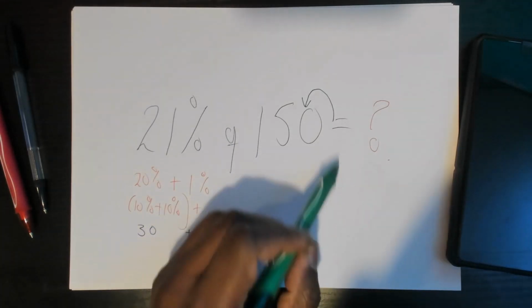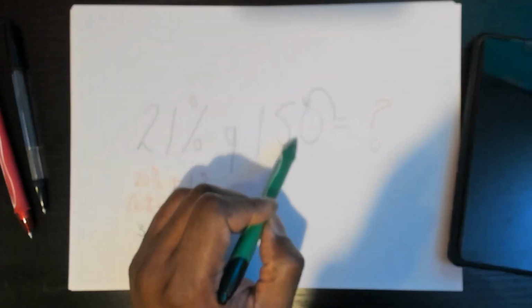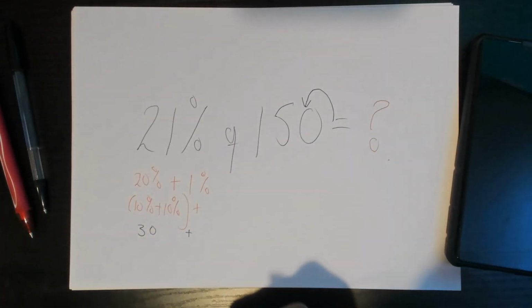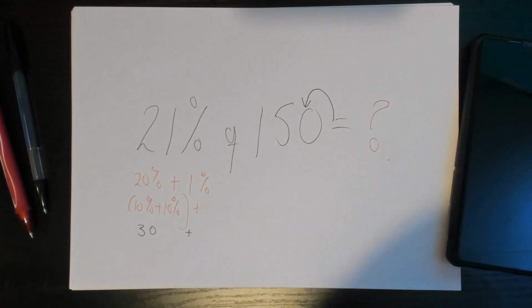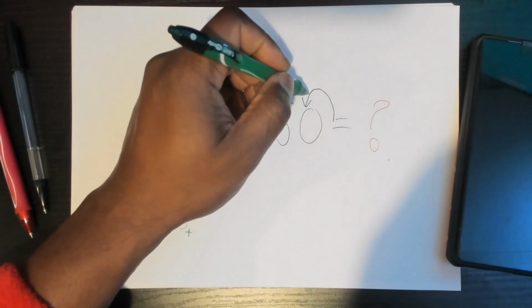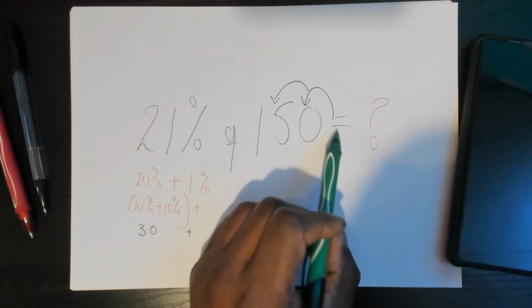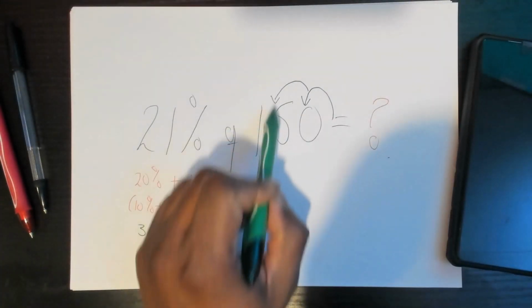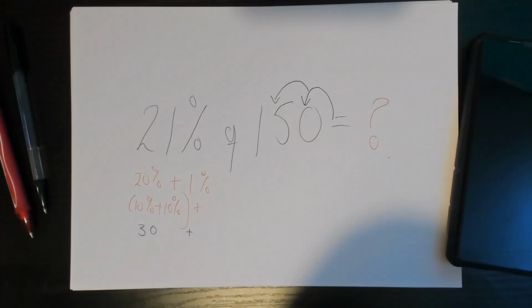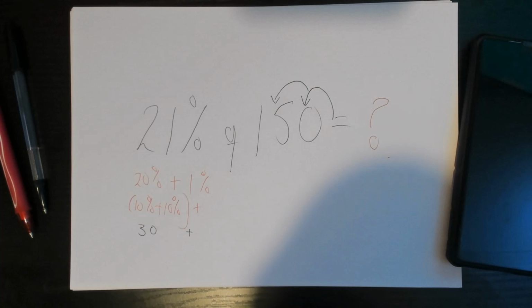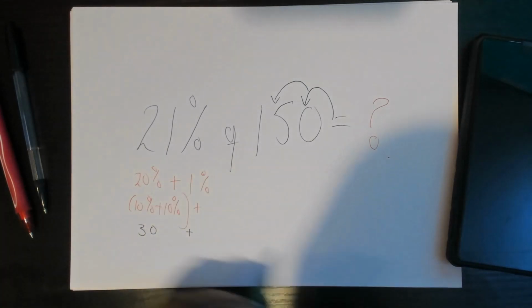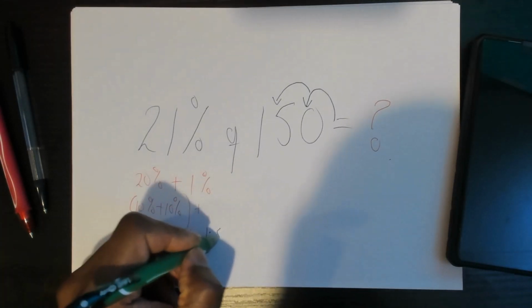Now if we know we need to move the point one spot to the left to get 10%, how many positions do we need to move it to get 1%? If you guessed 2, you are correct. We need to move the decimal point 2 positions to the left, and that will give us 1% of any number, which gives us, in this case, 1.5.